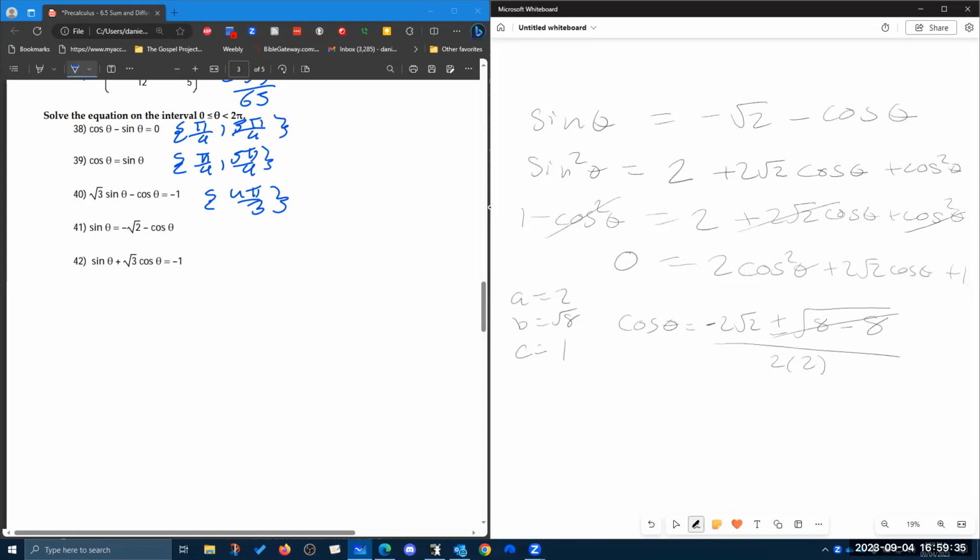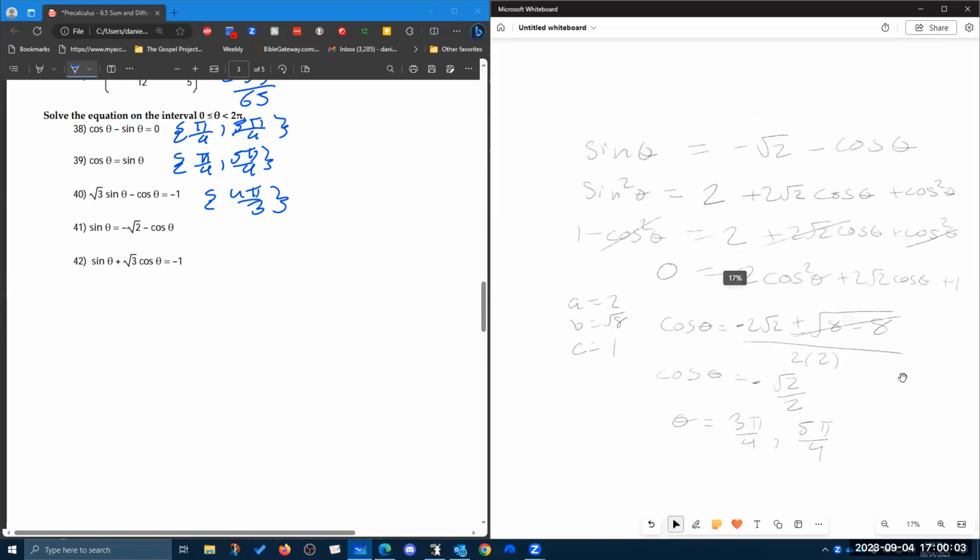So that's going to be 0. So this is going to be cosine theta equals negative root 2 over 2. Cosine is going to be negative in quadrants 2 and 3. So that's going to be 3 pi over 4 or 5 pi over 4.